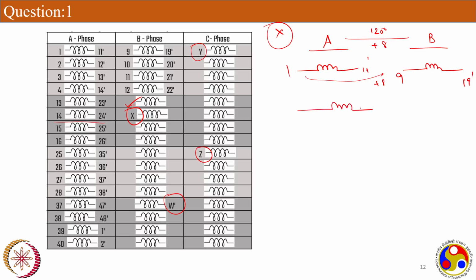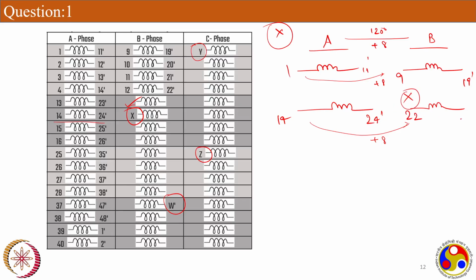So I'm taking that particular coil. This is 14 and this is 24 dash, and this is x, which they have not given. So this is what they were asking. So 14 plus 8, right? So x will definitely be 22. Simple.